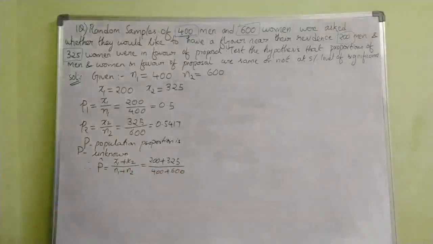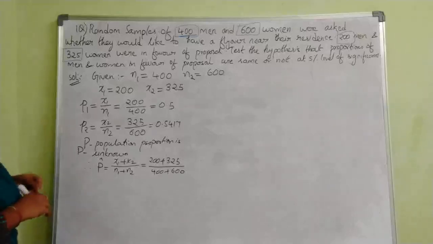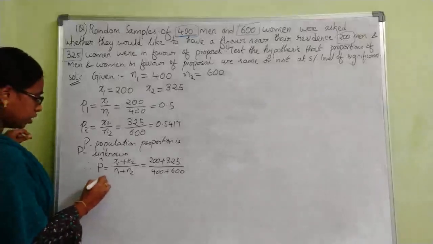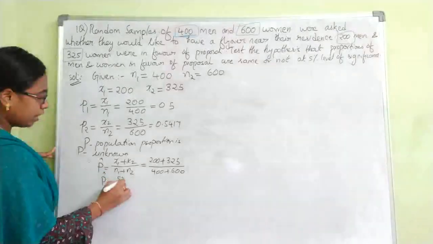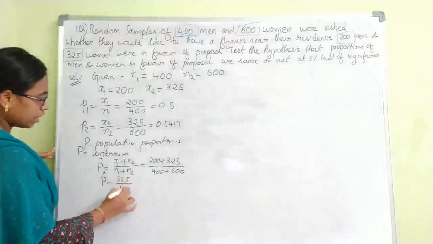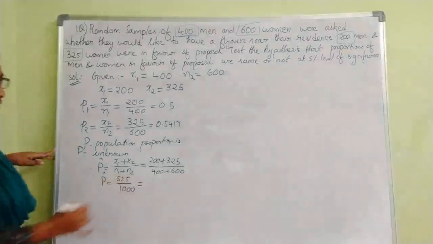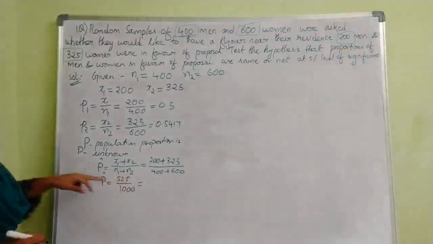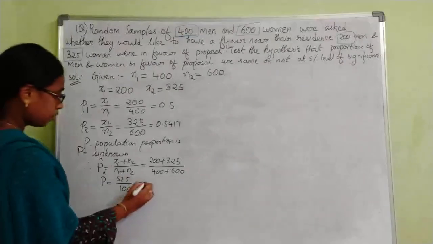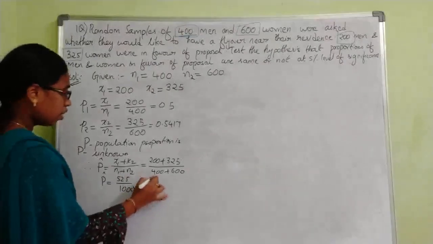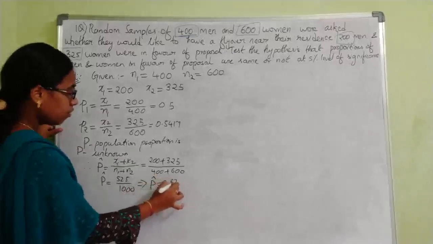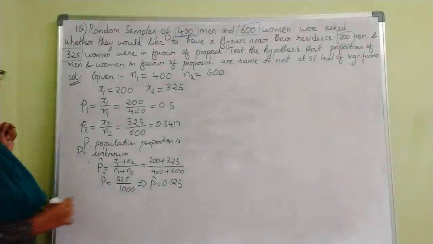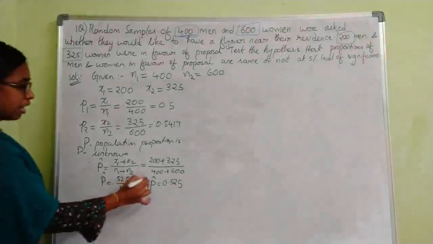So 200 plus 325, 525, divided by 1000. So P hat equals 525 divided by 1000, which equals 0.525. So we got the required p hat value.